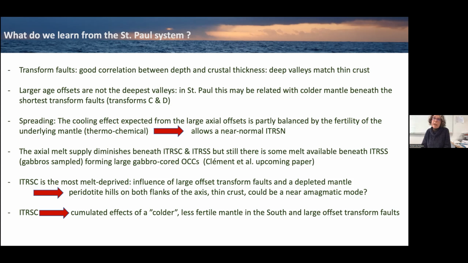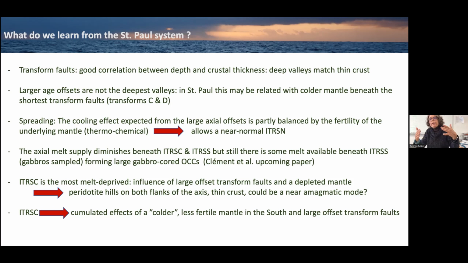In terms of spreading, the cooling edge effect that is expected from the large axial offsets in some of these inter-transform ridge segments is balanced by the fertility of the underlying mantle. And this allows a near normal spreading for the inter-transform segment north. The actual melt supply diminishes for the center and the south, but still there is some melt available in the south.